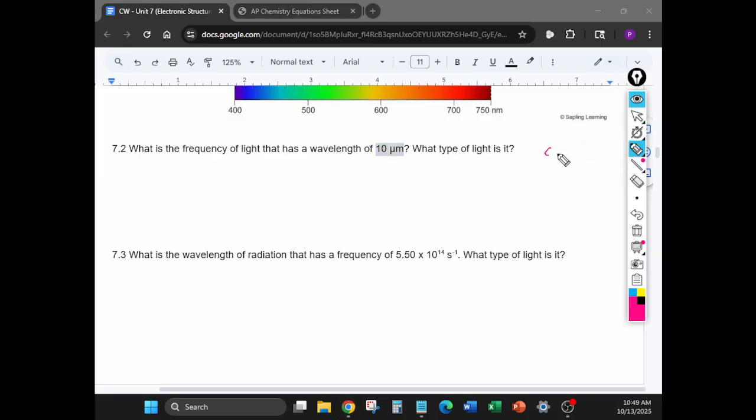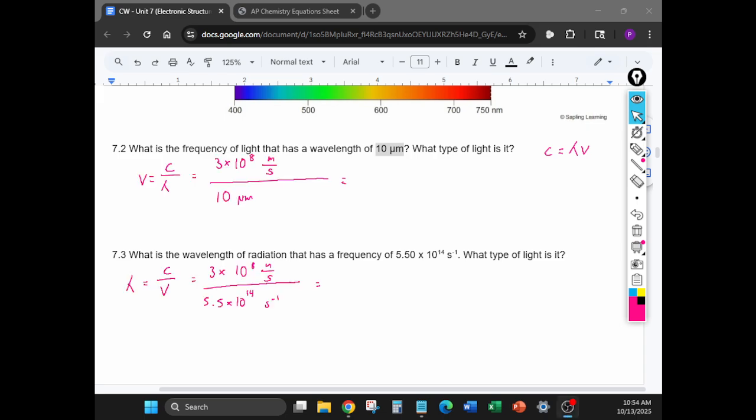You're going to be using that equation we just talked about: the speed of light is the wavelength times the frequency. Go ahead, try that out. You'll use this in conjunction with the chart up here, and then we'll go over it in about 3-4 minutes.